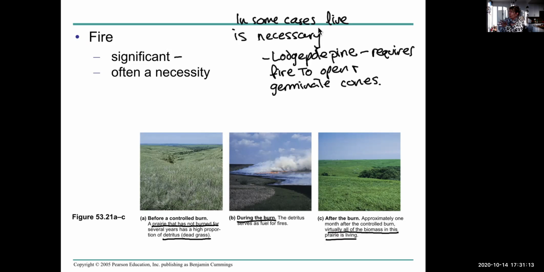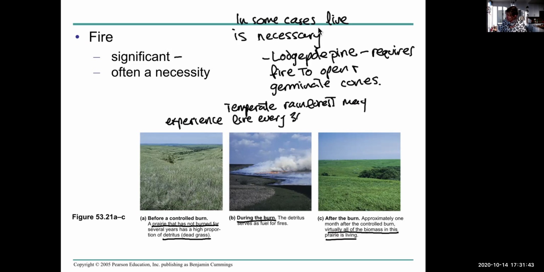So for example, in British Columbia, in the temperate rainforest, you would expect any given stand of trees would experience a fire every 300, 350 years, on average.